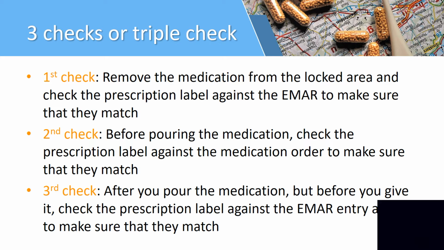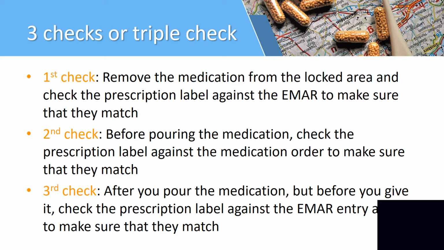Each time you give a medication, you also need to remember to do the 3 checks. This means you're going to do a triple check to make sure that the 6 rights are present each time you give a medication. The first check is to remove the medication from the locked area and check the prescription label against the EMR to make sure that they match.